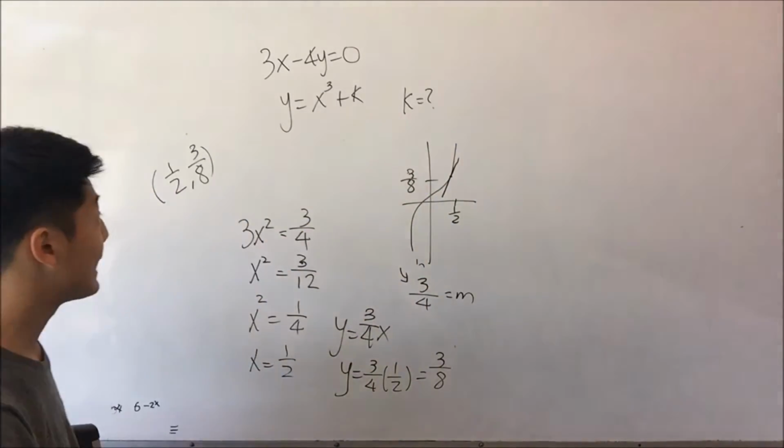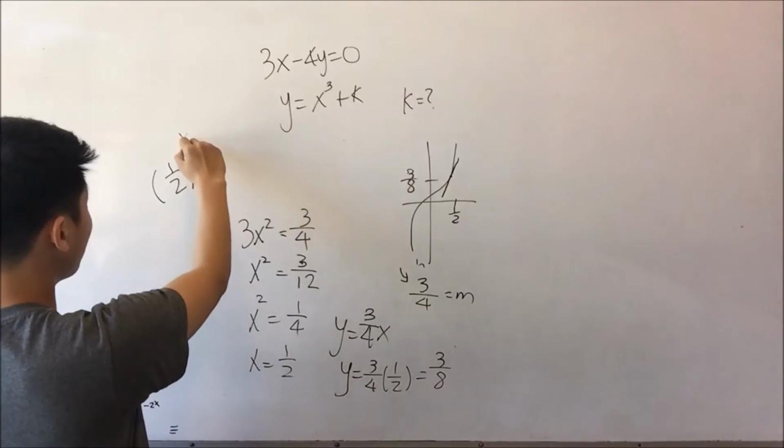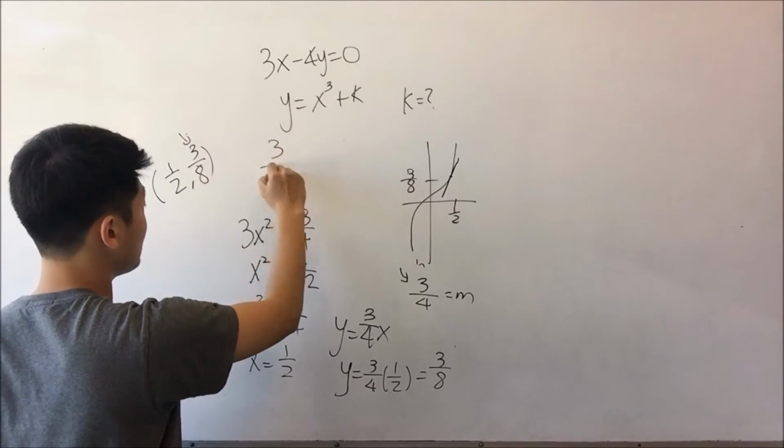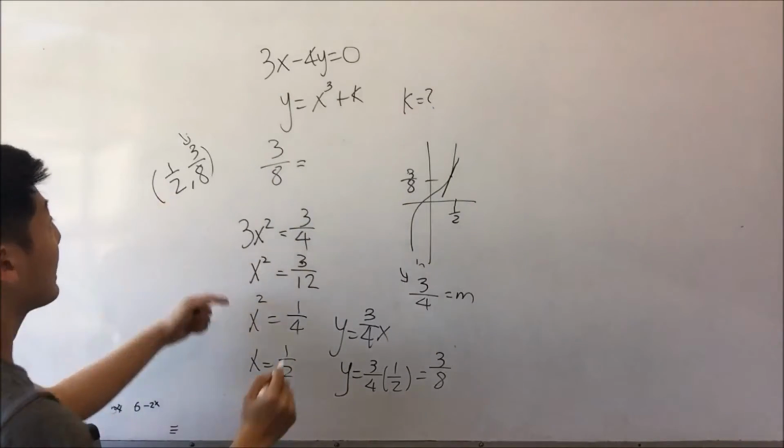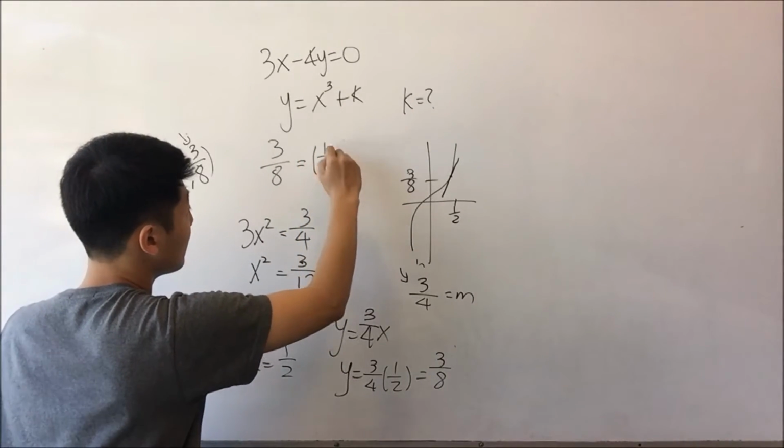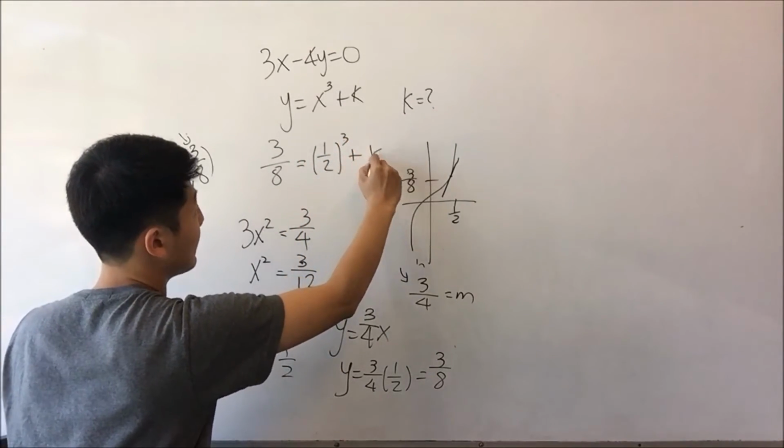Then what is k? Now it's simple. Because the y value is 3/8, equal to 1/2 to the third plus k.